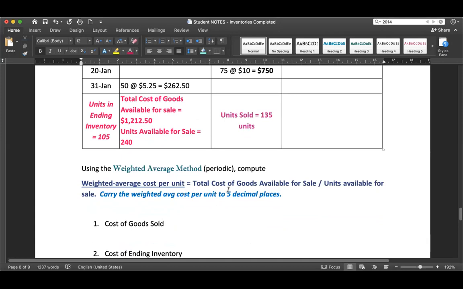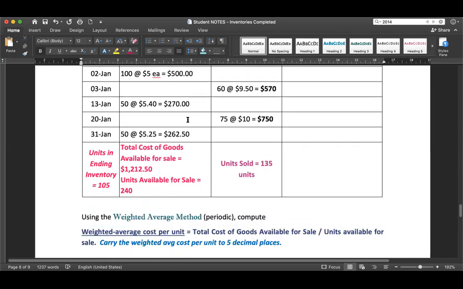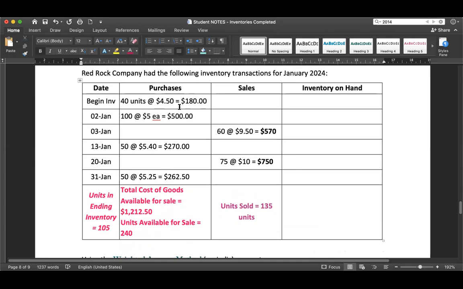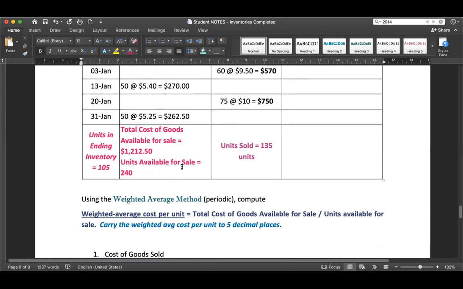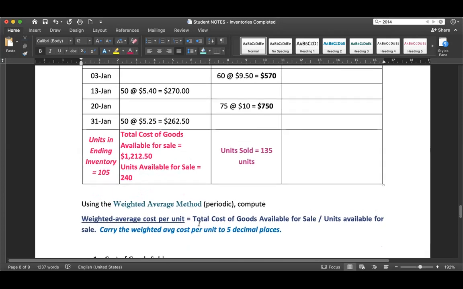All right, so for the period, we're going to take the total cost of goods available for sale. In this case, the cost of goods available, which was the cost of the purchases, 180 plus 500 plus 270 plus 262.50, all adds up to 1212.50. This is the cost of goods available, and we're going to divide it by the units that were available.